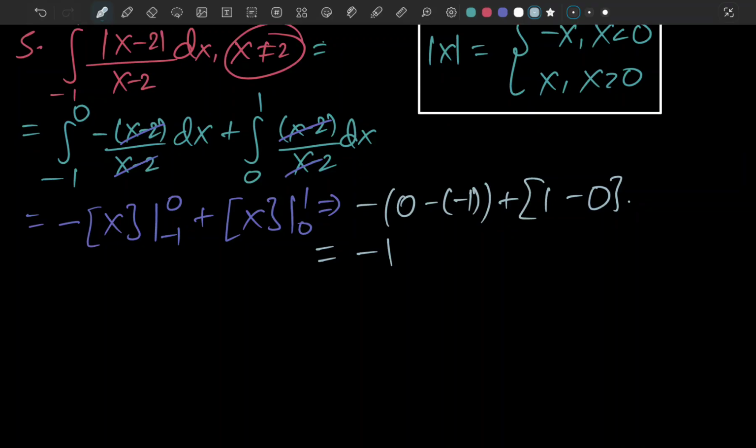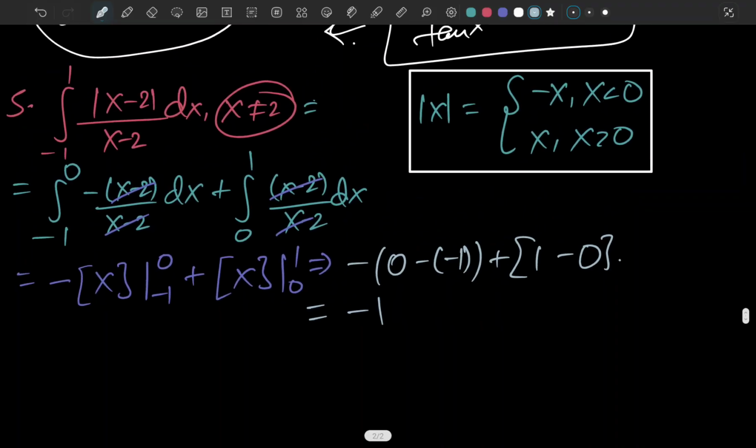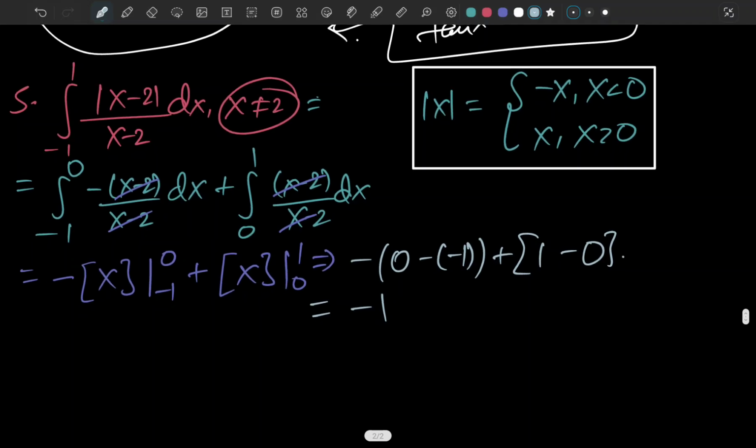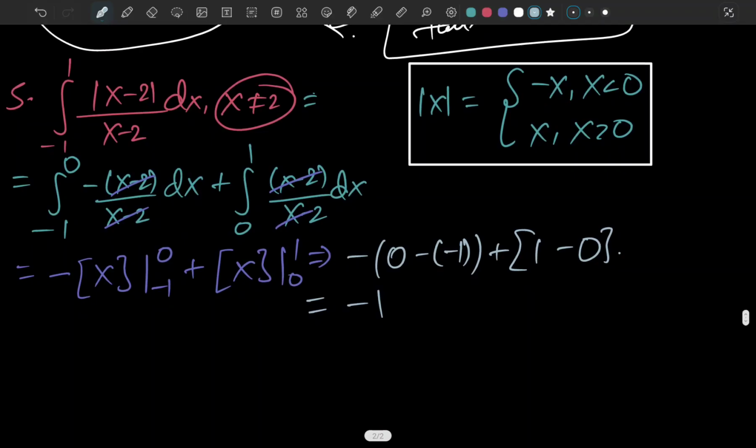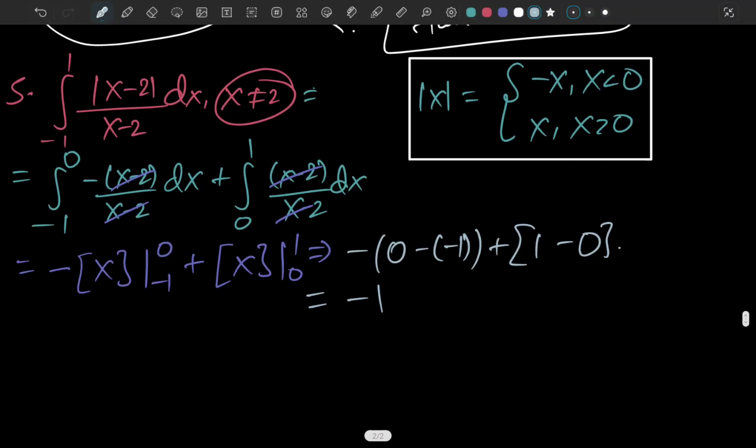Or am I going well? I think I haven't made any mistake, but then why am I having trouble with the answer? I'm having 0, and that's not the answer at all.